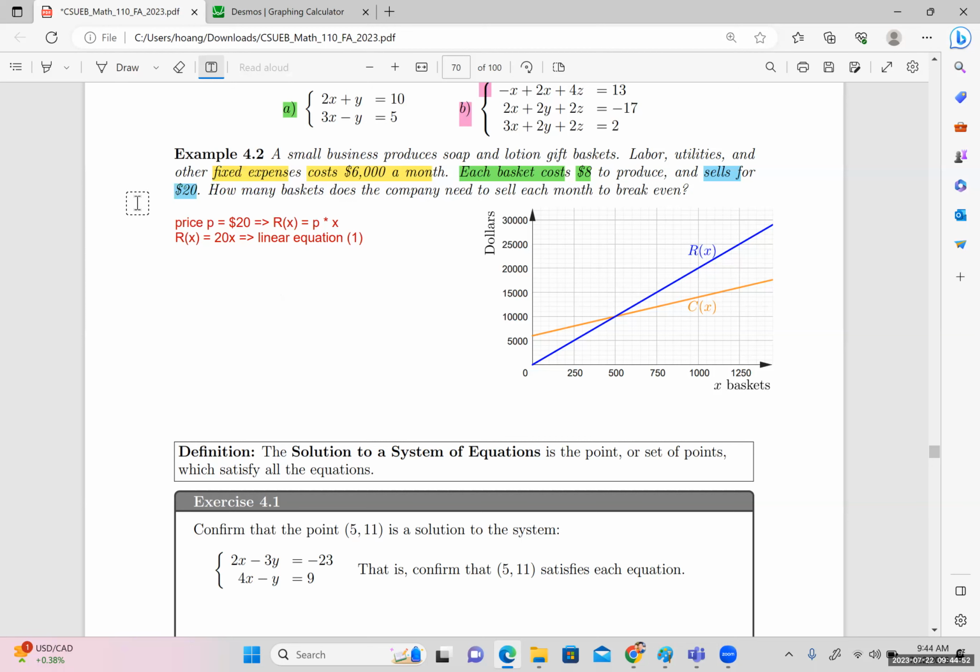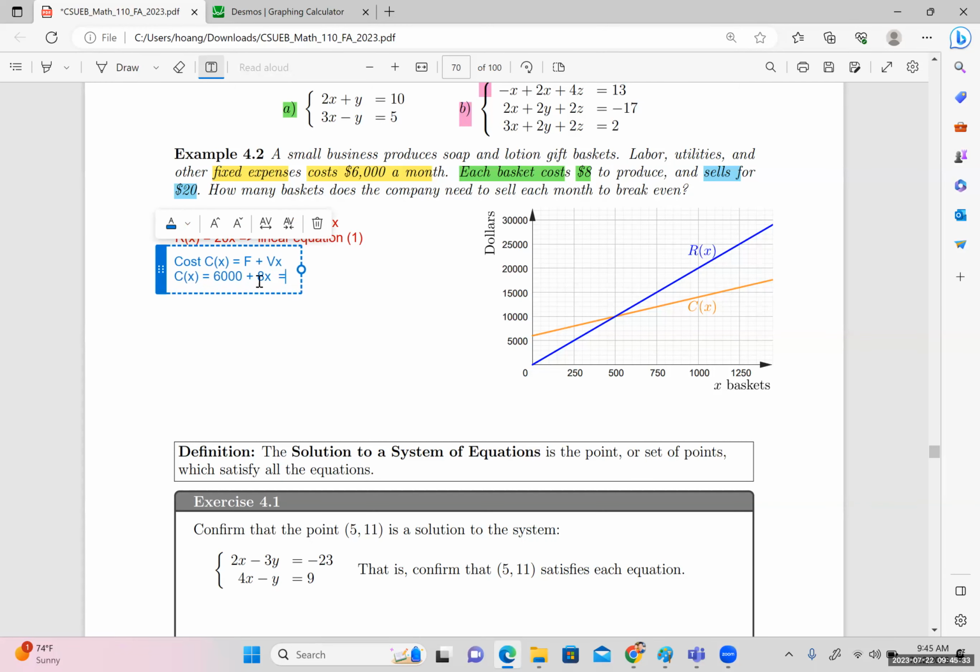Now let's set up a cost function. The cost C of x will be the fixed cost plus the variable cost times x. So C of x will be equal to 6,000 plus, with each item costing $8, times the number of items, x.